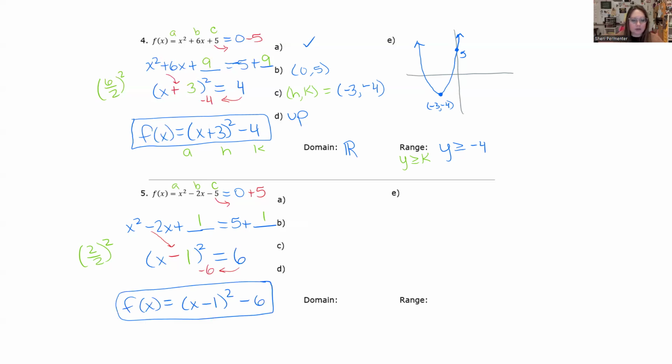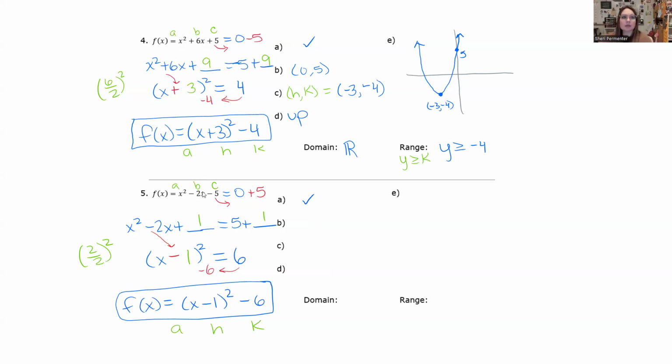My A, H, and K for all my parts. Did I complete task A to rewrite into vertex form? Yes. I don't have to rewrite it, as long as I box it down here. B. B is my y-intercept.